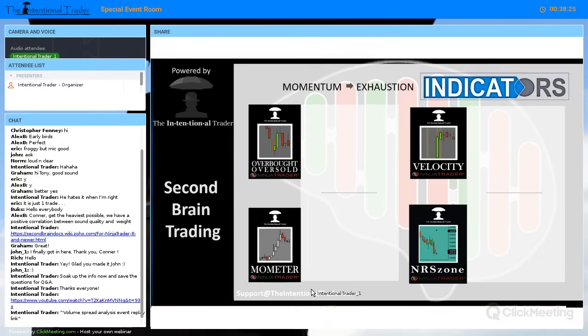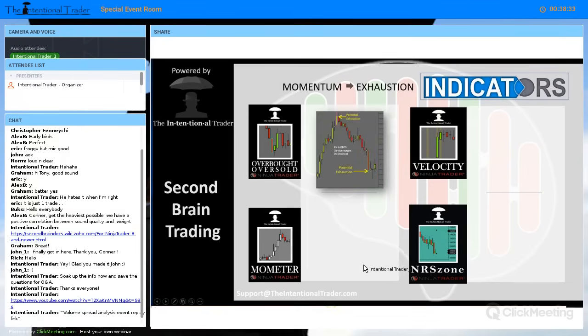And with that, we couple all of that with our OBOS indicator, our overbought, oversold indicator, which tells us, remember I talked about exhaustion and the potential for exhaustion? That is very important to us. This is why we measure momentum, because momentum cannot be sustained and will never be sustained in the markets. Okay?